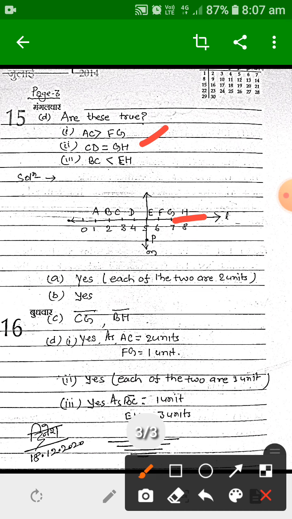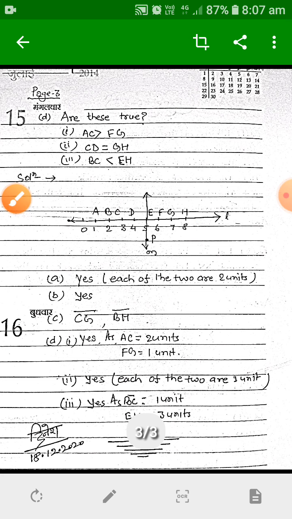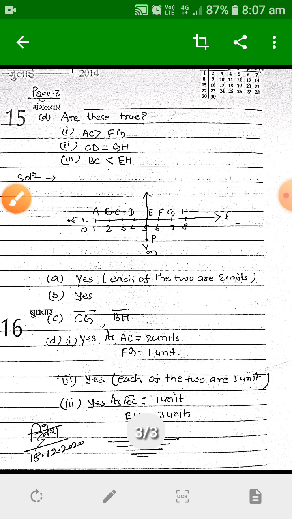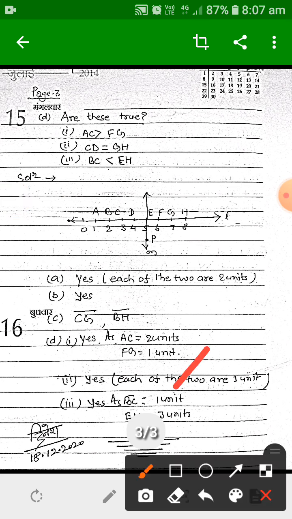So clearly AC will be greater than FG. The answer to the first question is yes. Second one is CD is equal to GH. Where is CD? CD is here and it is equal to 1 unit, and GH is here which is also equal to 1 unit. So the answer will be yes, each of the two is 1 unit.